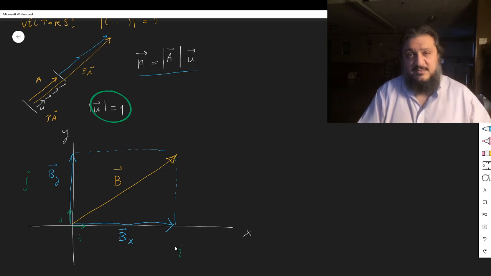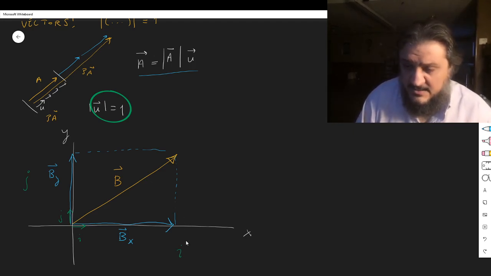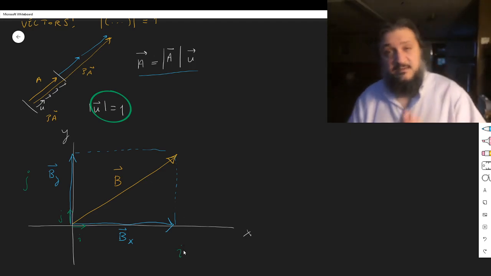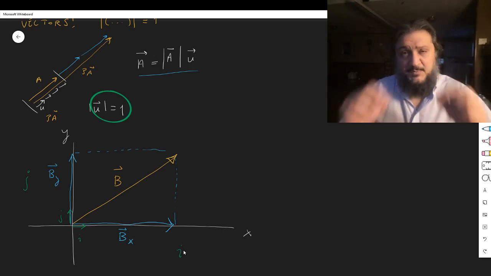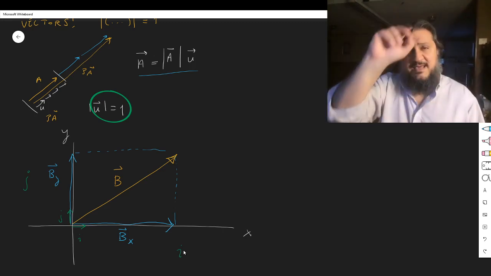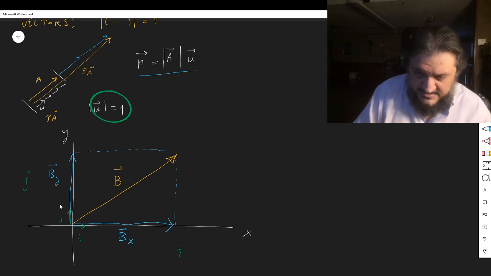So not any vector, but specific vectors. Just to remind myself that these are those specific vectors, I'm not going to put an arrow on the top. I'm going to put a hat, like this, j hat and i hat.